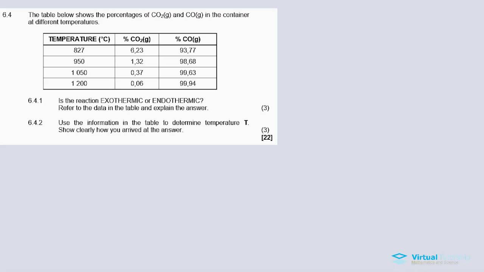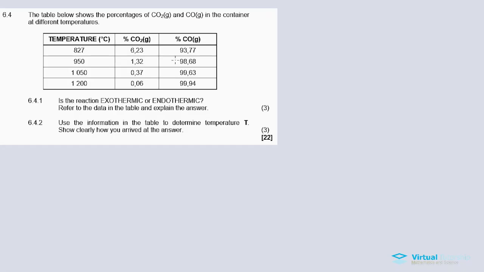So here we want to calculate the temperature T using the information they gave us in the table above. In order to calculate the temperature T, we need to calculate the percentages, either for carbon dioxide or carbon monoxide.